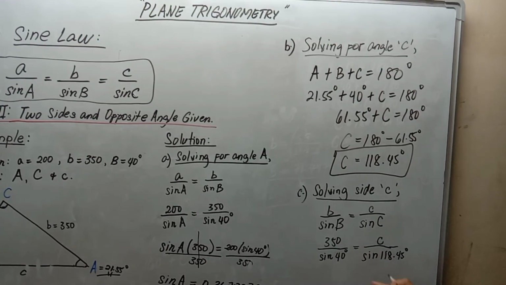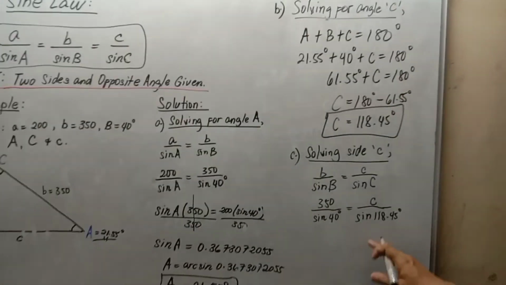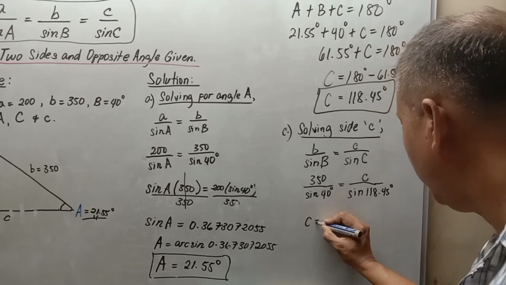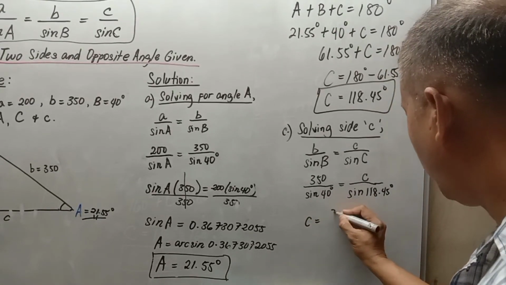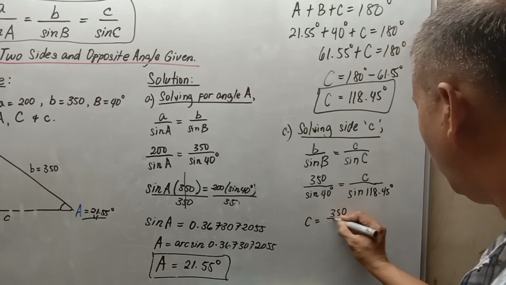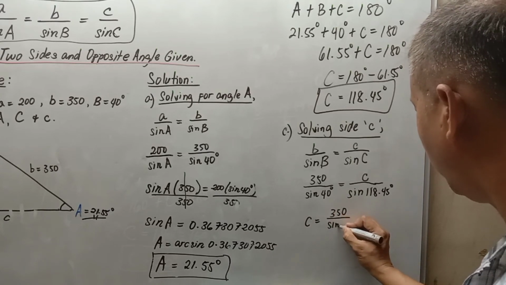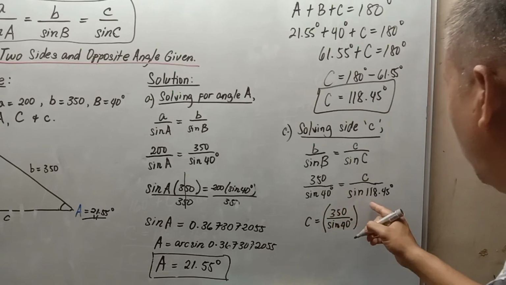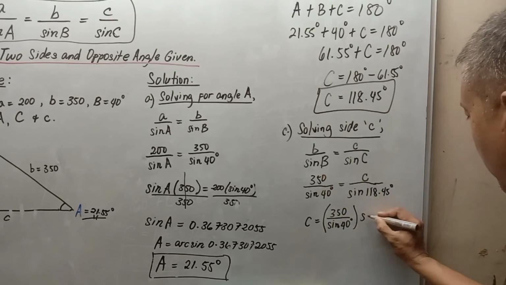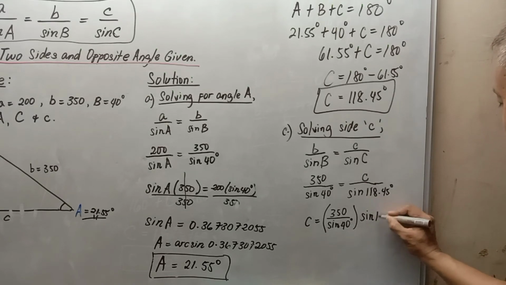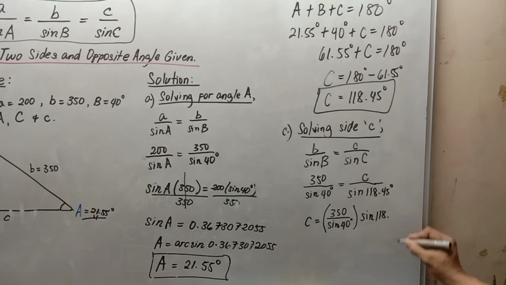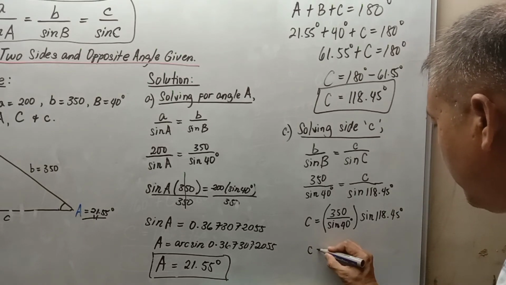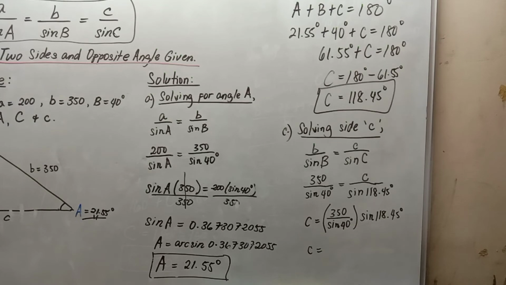So to simplify this expression, guys, C is equal to 350 over sine 40 degrees times sine 118.45 degrees.